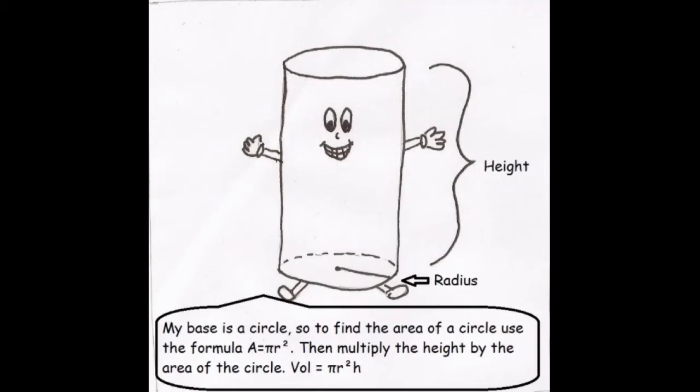To find the volume of a cylinder, first we find the area of the circle, which is pi r squared. So area is equal to pi times your radius squared. Then you multiply that by the height, and that will give you the volume. So total formula, volume is equal to pi times your radius squared times height.